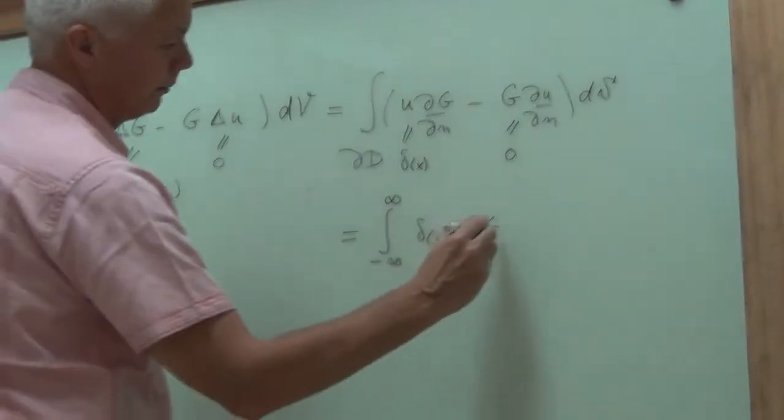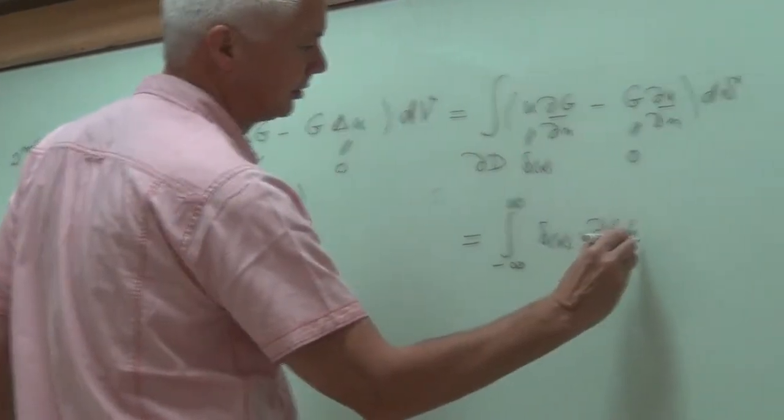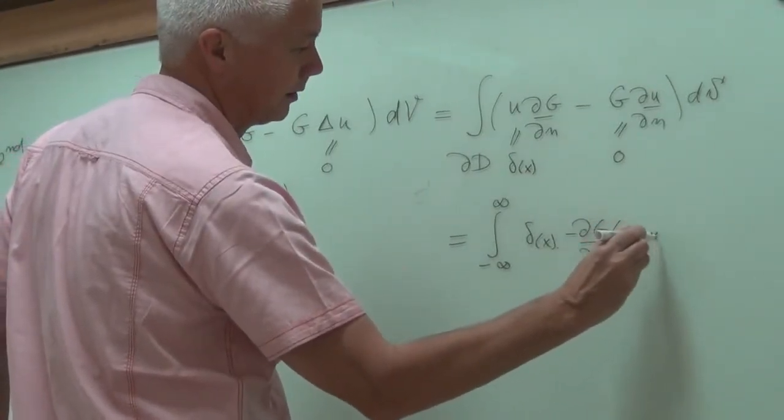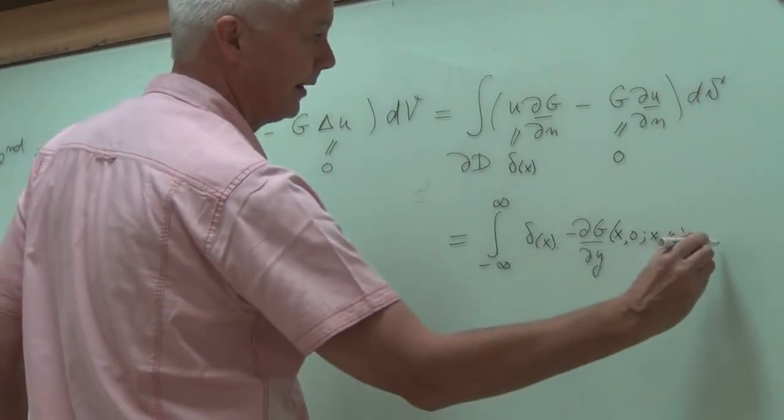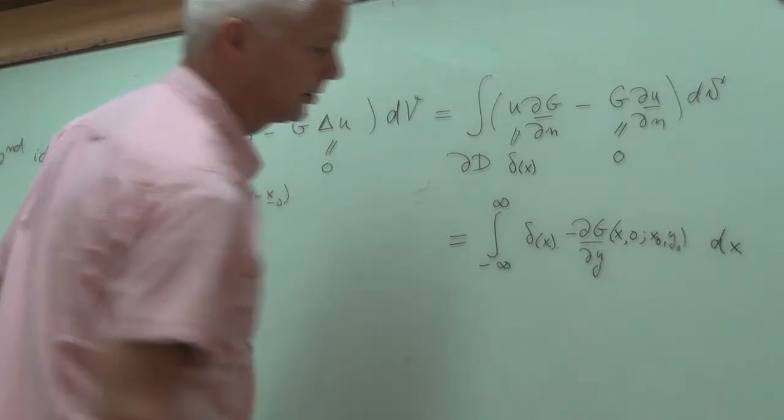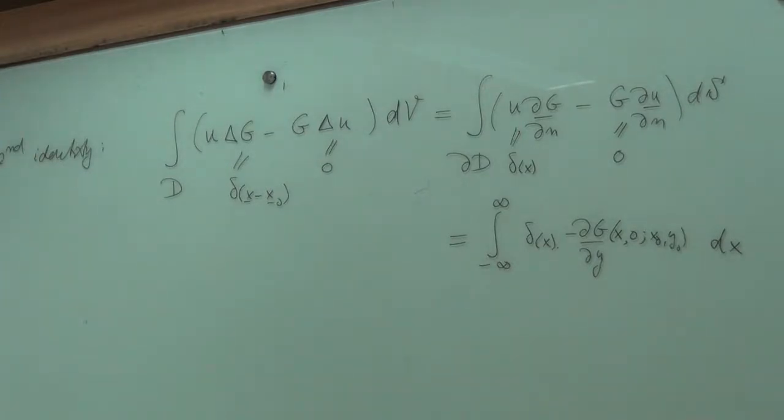And where do I compute my G? Well, that is in the point x0, y0. And then I have to compute here the x. Okay. I can also compute this integral.